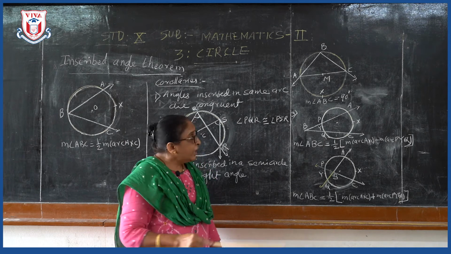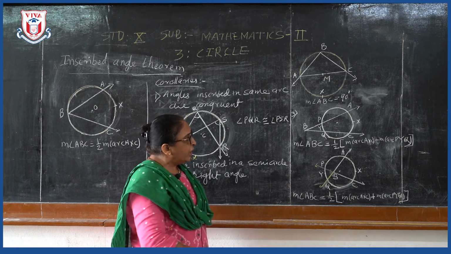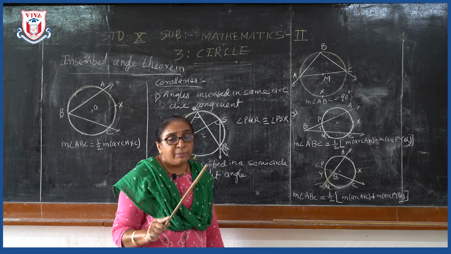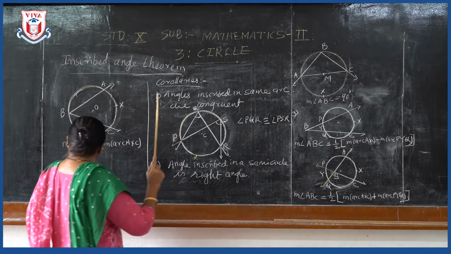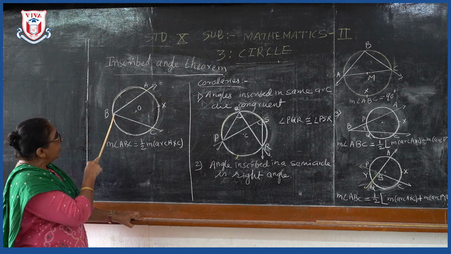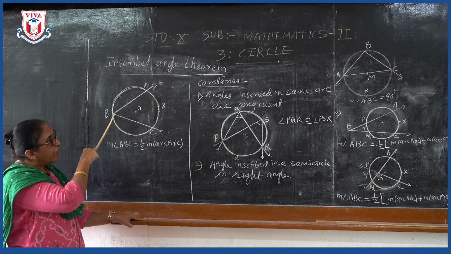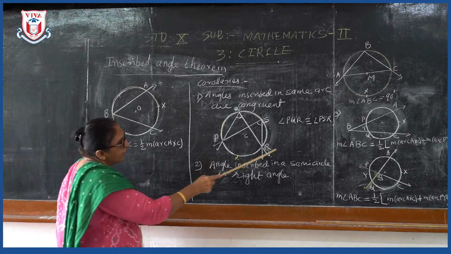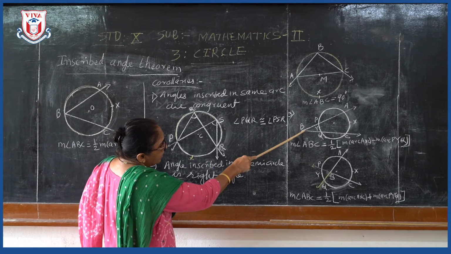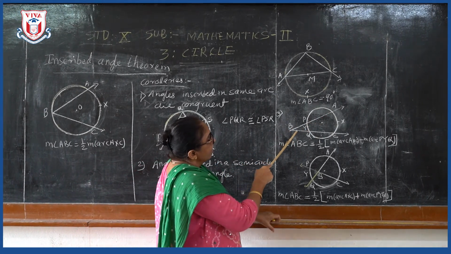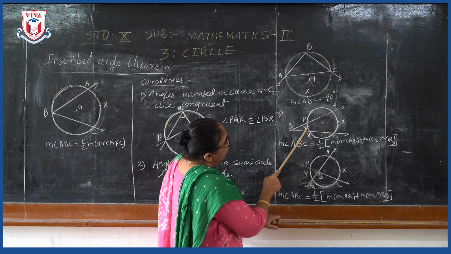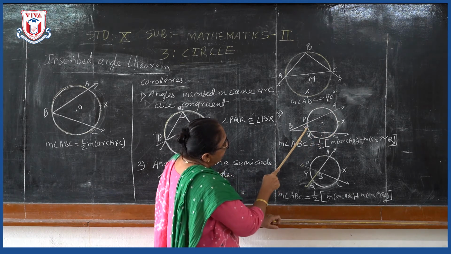Now, the next two corollaries depend on the inscribed angle theorem only. See that when the vertex is on the circle, it is the inscribed angle. Now, if the vertex is out of the circle, then it will intercept two different arcs, arc AXE and arc PYQ.